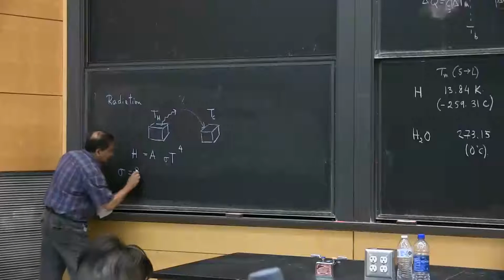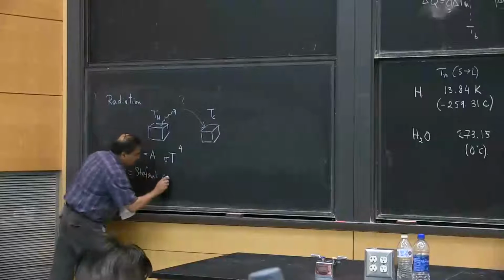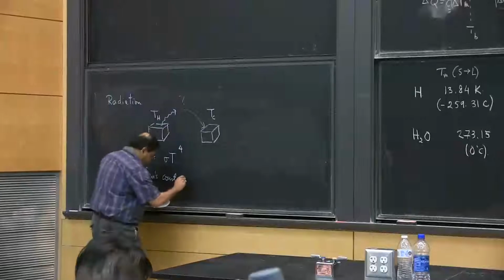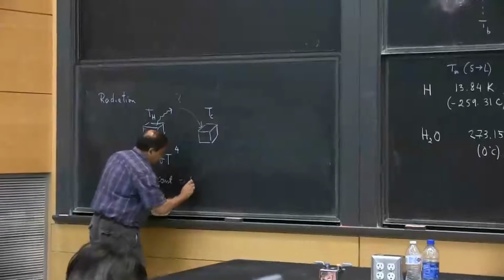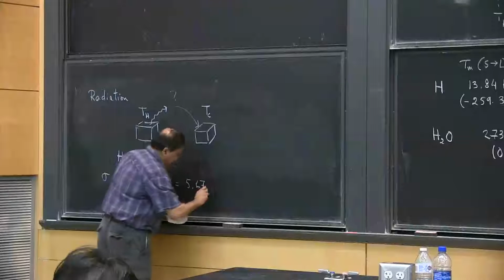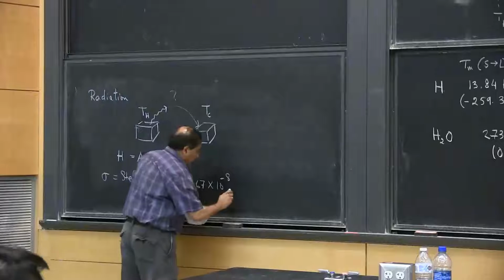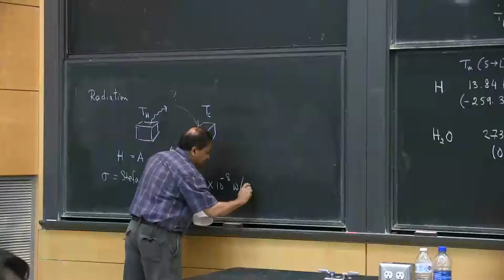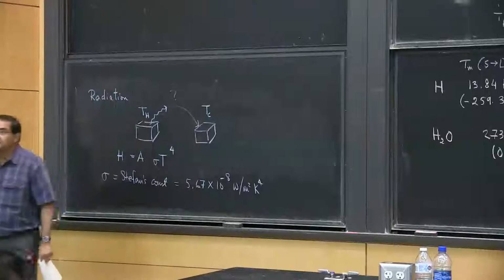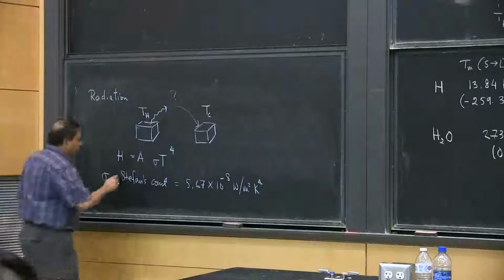This sigma is called Stefan's constant. And Stefan's constant has a value which is the same everywhere in the universe. It's 5.67 times 10 to the minus 8 watts per meter square per Kelvin to the power 4. They're funky units because of the way these formulas are.